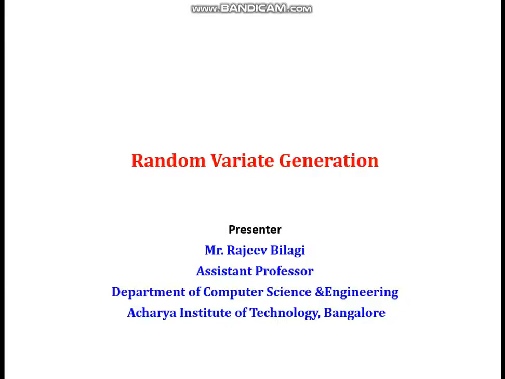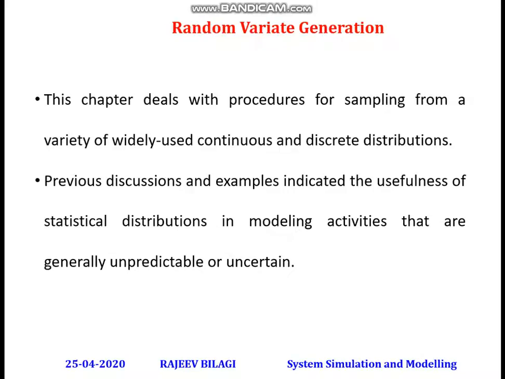Now today we are going to talk about random variate generation. Now different procedures to sample the variety of random numbers from widely used continuous and discrete distributions. If you look at all the previous discussions and the different examples which are indicated, they will tell us how useful these statistical distributions are in order to model the various activities which are generally uncertain or unpredictable.